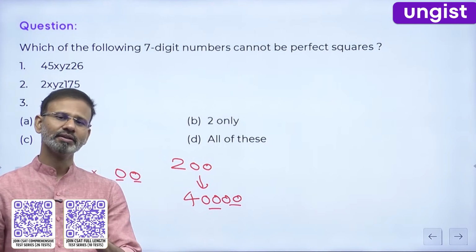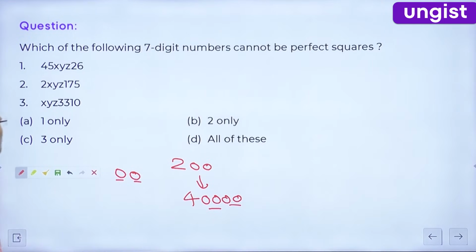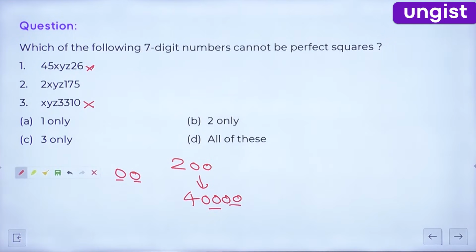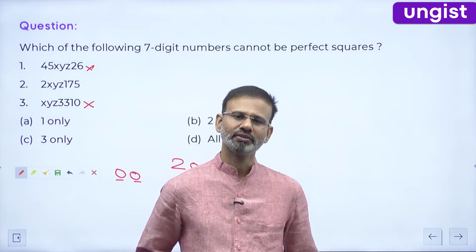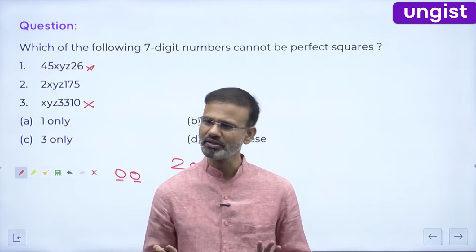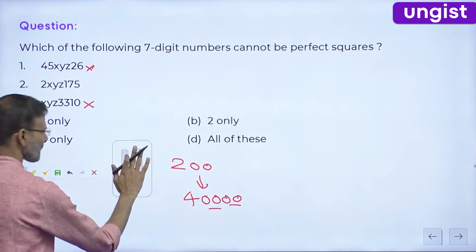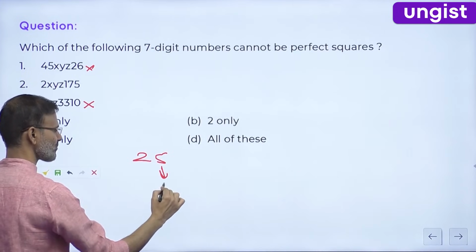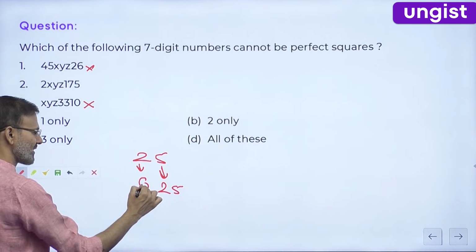Now tell me, what about the last option? Wait. What is the square of 25? 625. Everybody knows about it? The square of 25: 5 square is written like this, and 2 is multiplied with its next term, so 2 into 3 is 6.